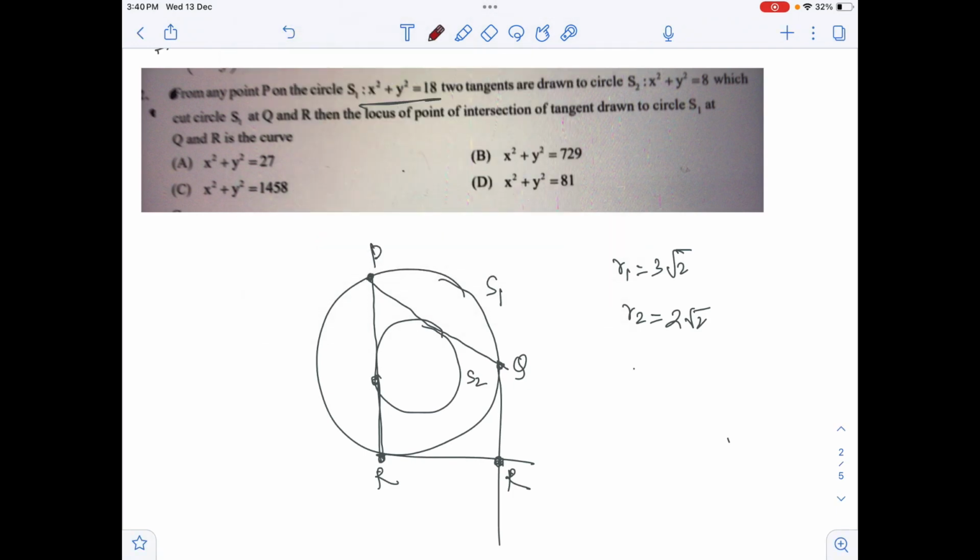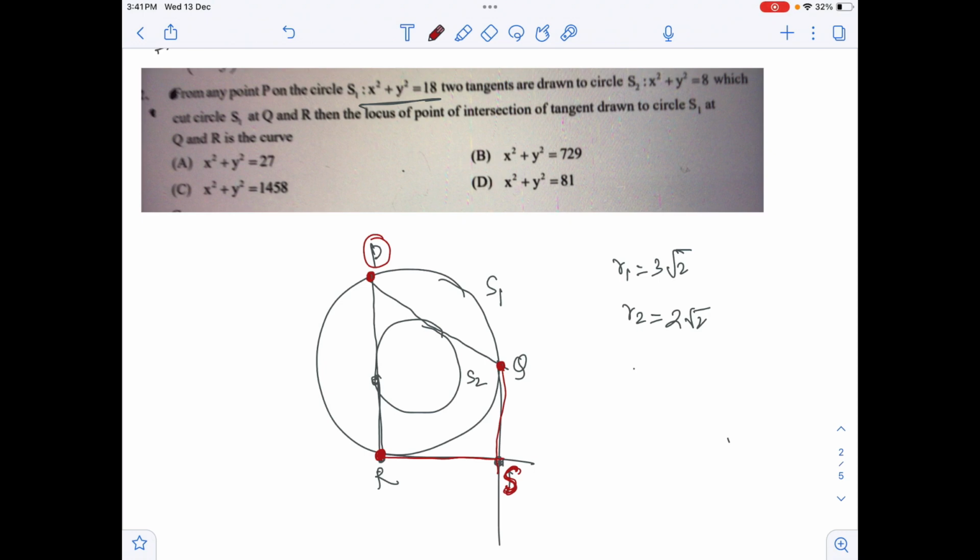Before we go to the solution, you must understand, if I fix a point P, since the circle is fixed, the tangent lines will be fixed, right? Hence Q and R will be fixed. Now at the fixed circle S1 and at fixed points Q and R, the tangents meet at, let's say, S, and this is also fixed. So if I fix a point P, point S will be fixed.